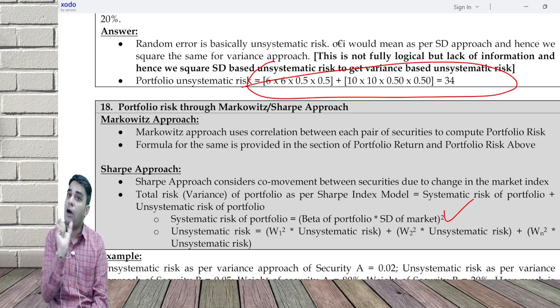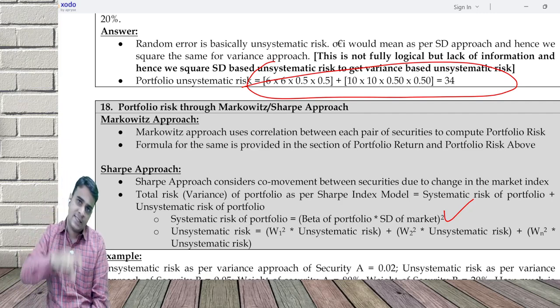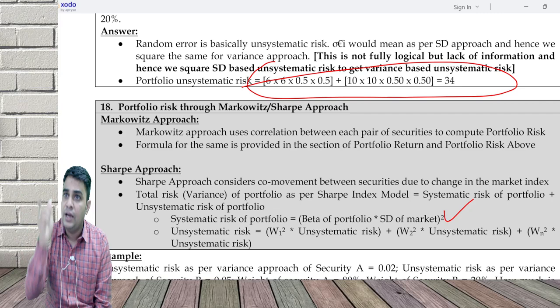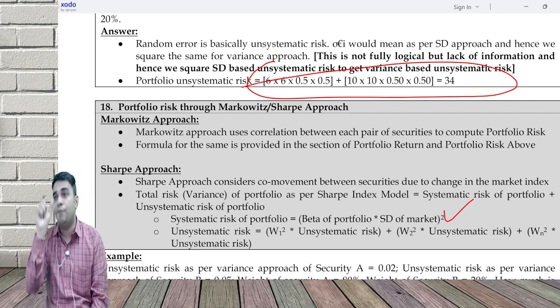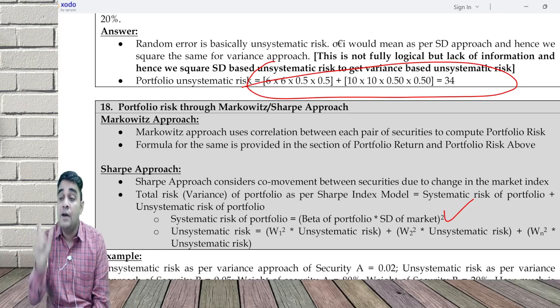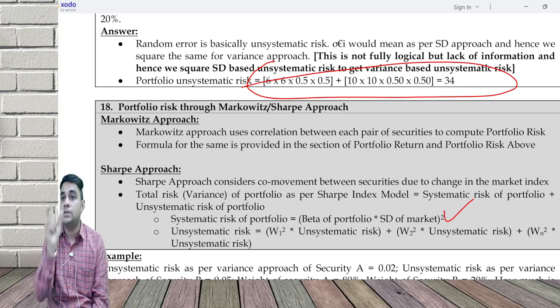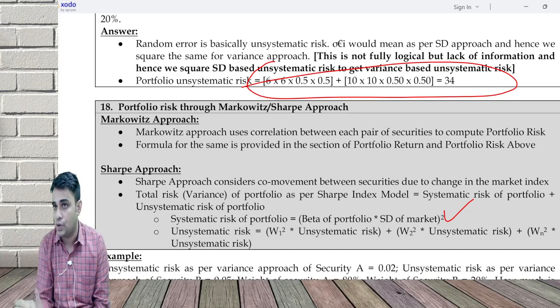Systematic risk is equal to beta of portfolio into standard deviation of market, squared. Unsystematic risk is the weighted average of the individual unsystematic risk, with amount invested as W square being the assigned weights. When you want individual unsystematic risk, some question will give random error SD, square it. Some question will give specific SD, again square it, because I don't have a choice.